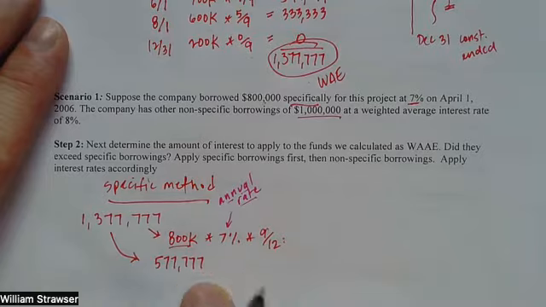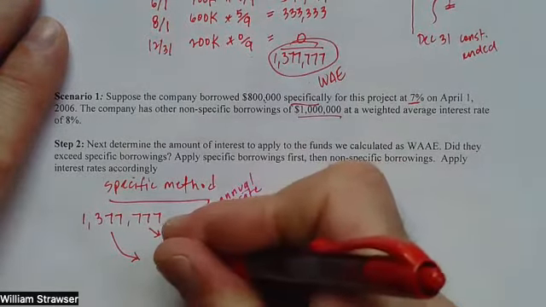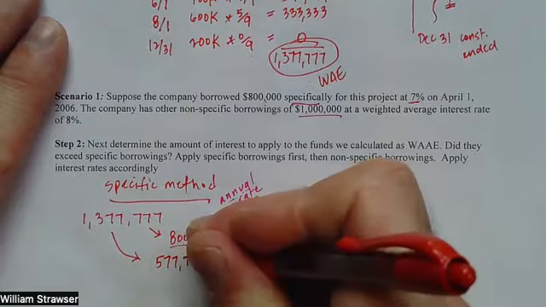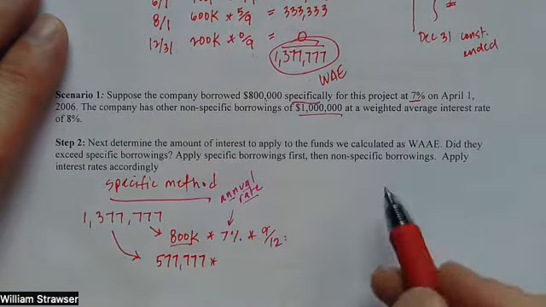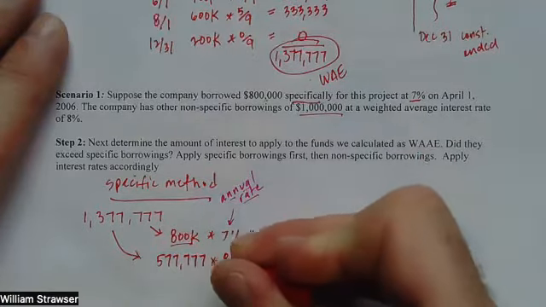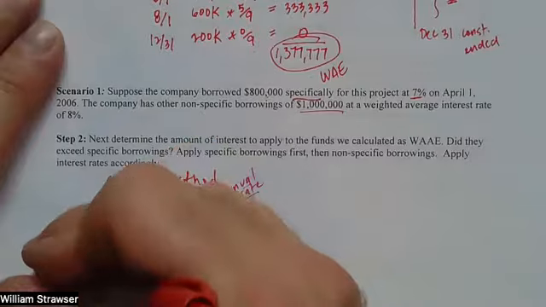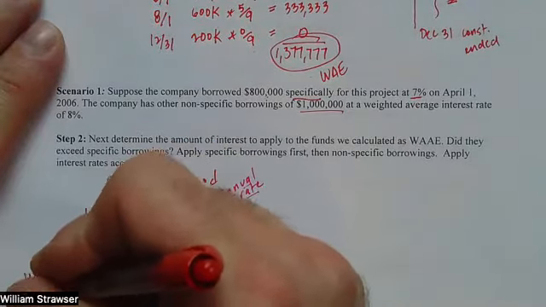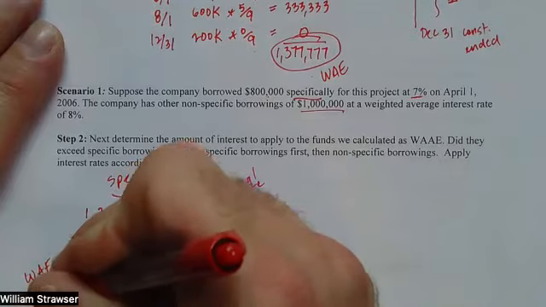I can't capitalize $1 million, but I can capitalize up to the amount that qualifies, the expenditures that qualify for capitalization. So if that amount had a weighted average of 8% as its interest rate, then I can also capitalize that amount. In this case, it was the weighted average expenditures that limited the interest capitalization.